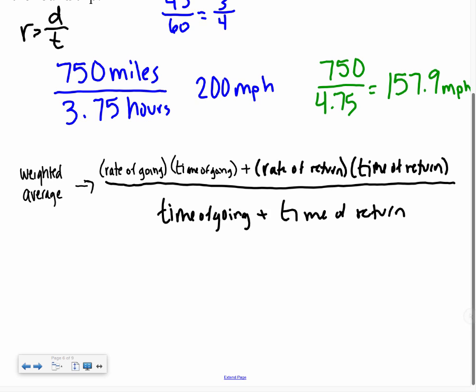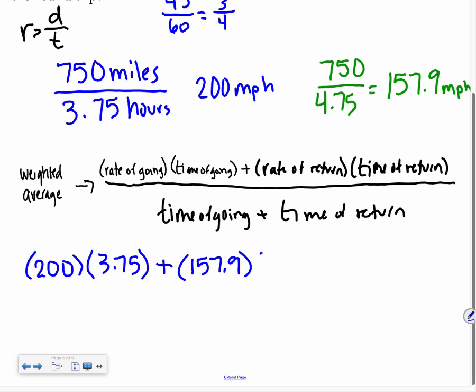Okay, so let's plug some numbers in for that to help make sense of what I just said. The rate of going, on the way there we went 200 miles per hour times 3.75 hours, and then we're going to add that to the rate of return, 157.9 miles per hour times 4.75, and then we are going to divide it by the sum of the amount of time, the total time.